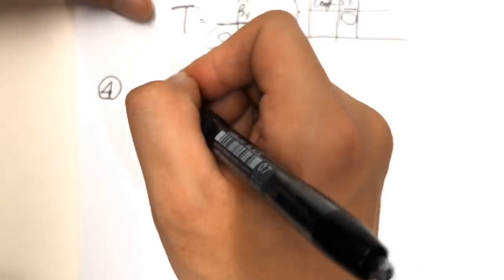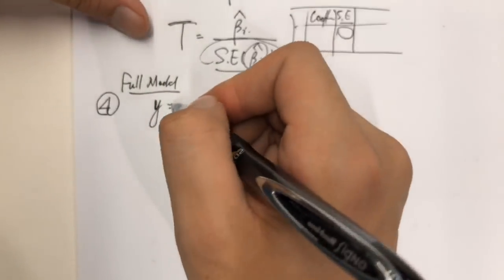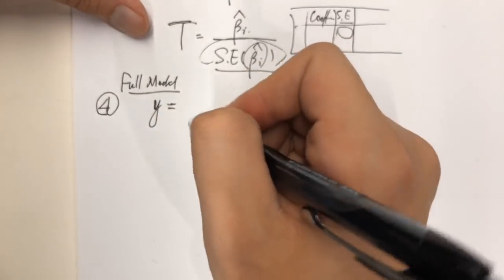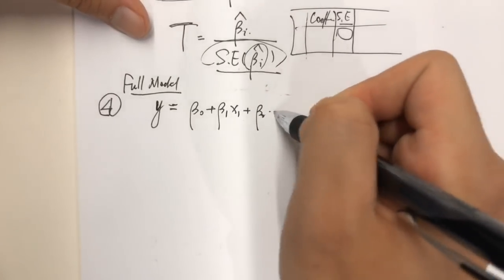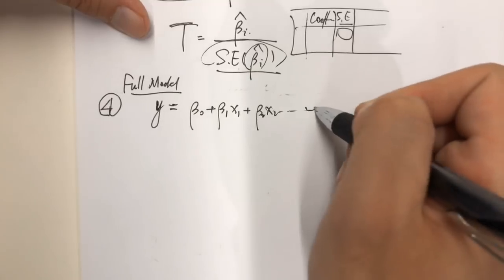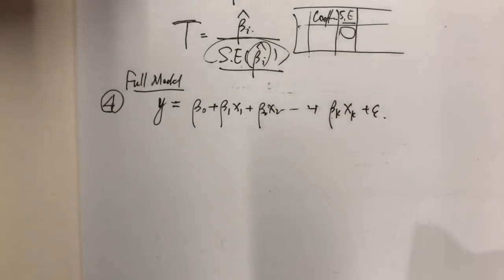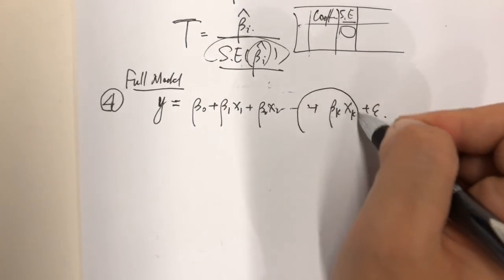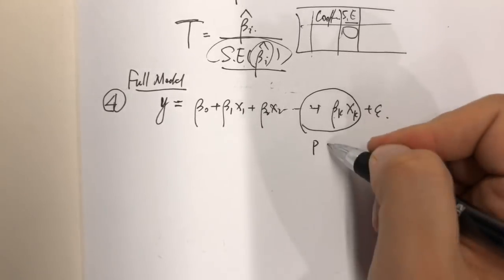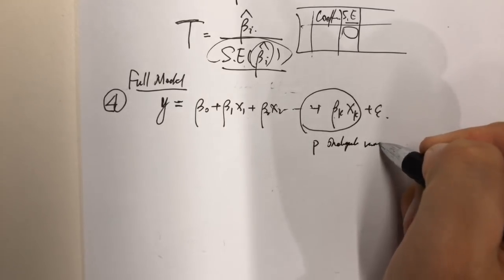For example, if I have a full model like y equals beta 0 plus beta 1 x1 plus beta 2 x2 plus beta k xk plus epsilon. However, I want to, for example, remove in total p independent variables here.